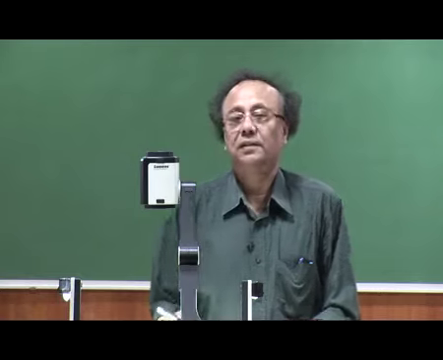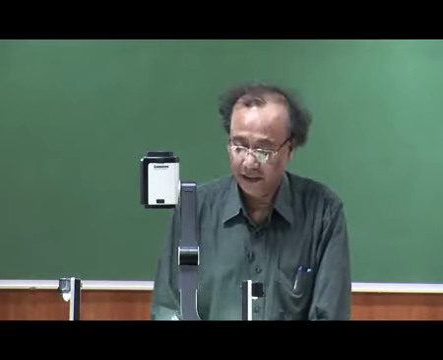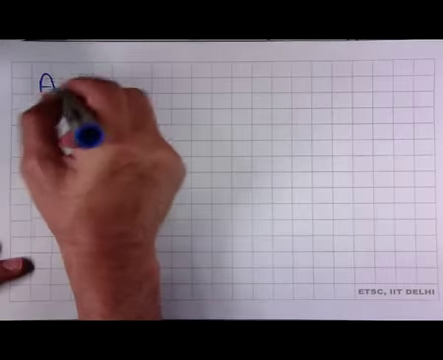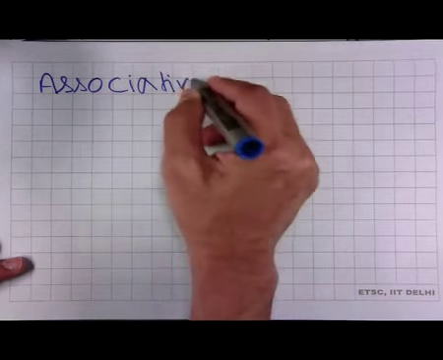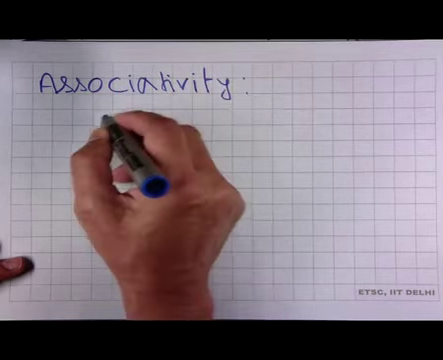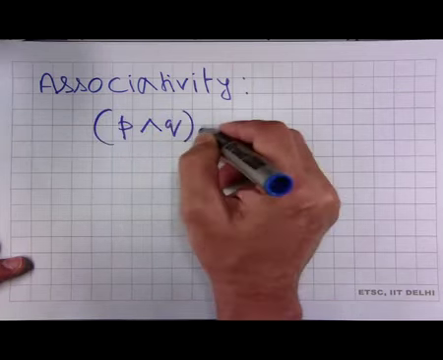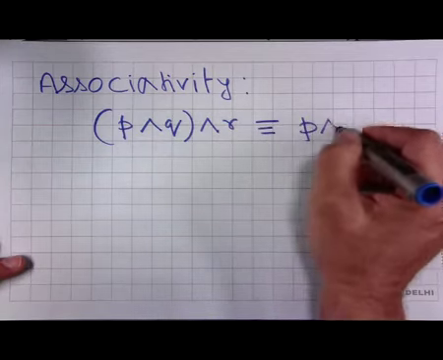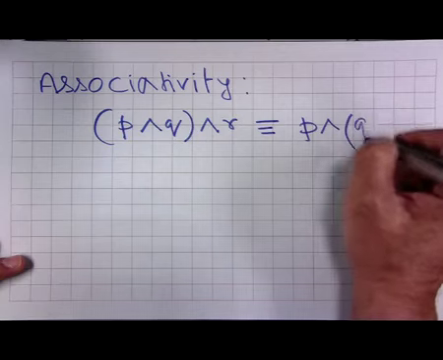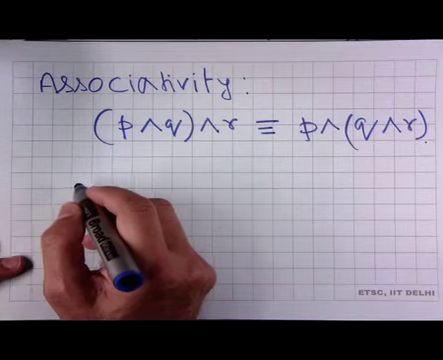In the last class, I have shown associativity of AND. If you remember, we have shown that (P and Q) and R is the same as P and (Q and R). And I wanted you to work upon associativity of OR.